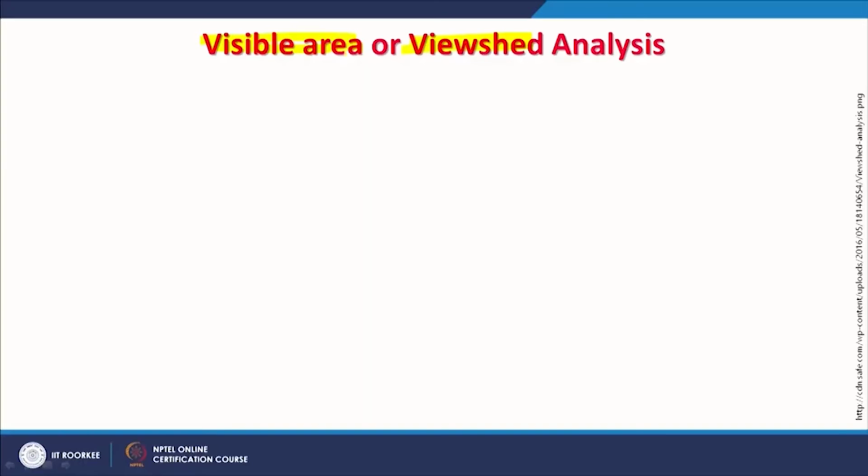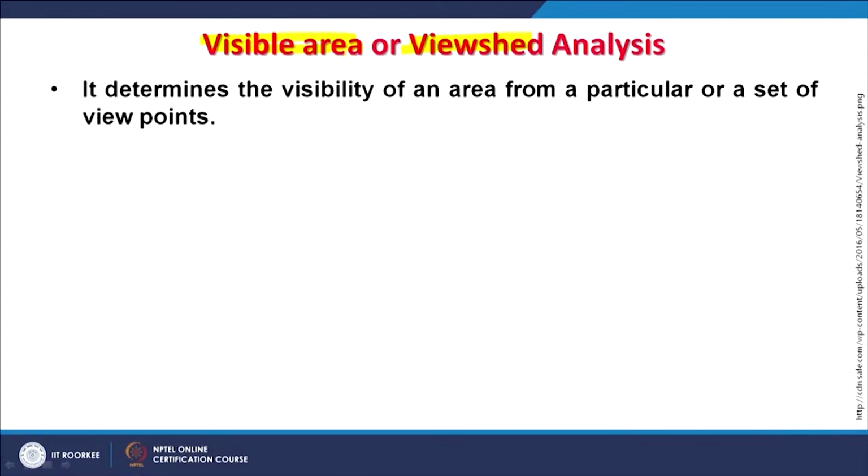Now, one more analysis which we can do, which is not at all directly linked with buffers but is linked with the terrain, and in some literature you may find, earlier we used to call it BISAG analysis. Now it is the visible area for a rugged or hilly terrain. Basically, in this analysis we determine the visibility of an area from a particular point or a set of viewpoints.